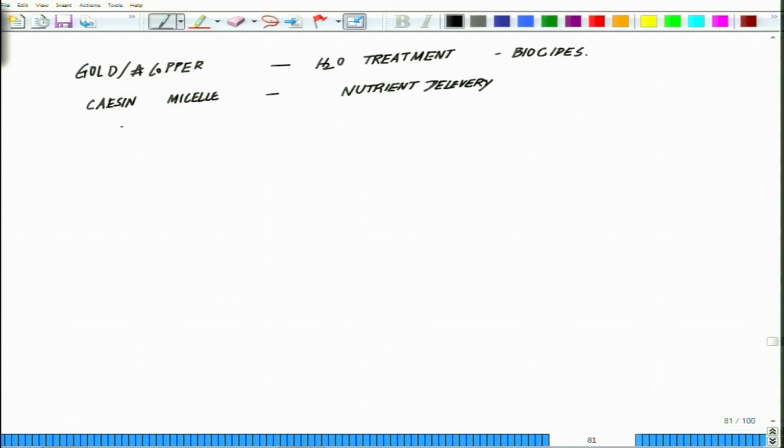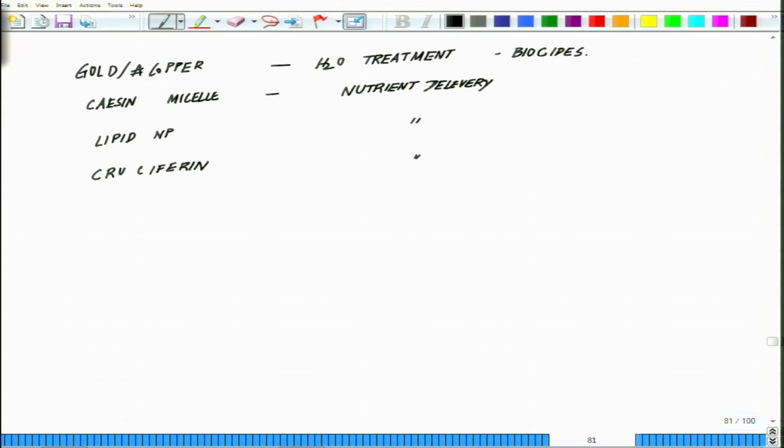Then you have lipid nanoparticles, lipid NPs. These are used for simulated digestion assays to test the bioavailability of loaded compounds, again for nutrient delivery. Crucifer nanostructures are also used for nutrient delivery, for encapsulation of the material.